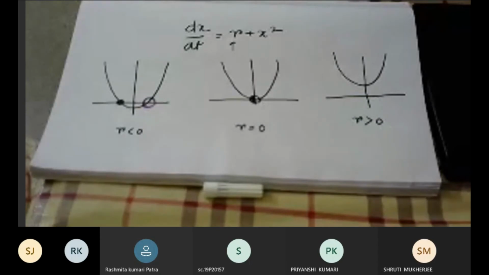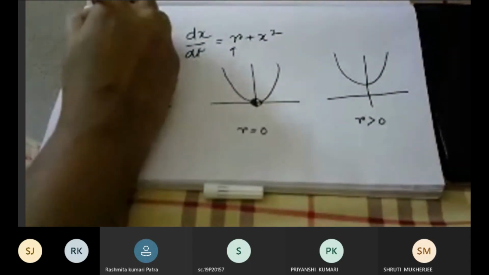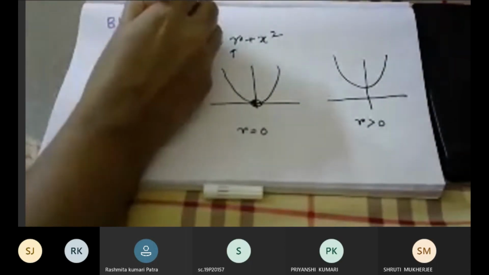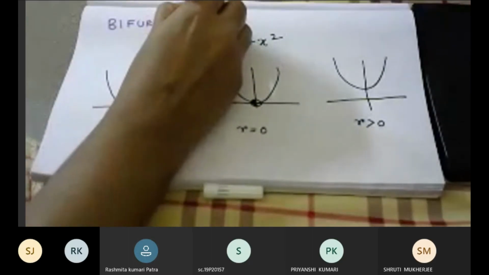So here I have a typical example of bifurcation. We call this phenomena bifurcation.